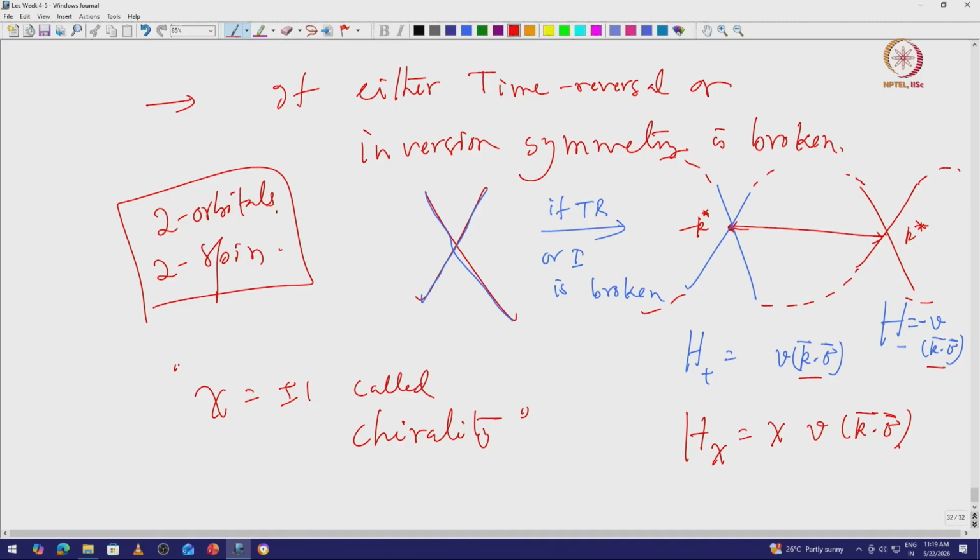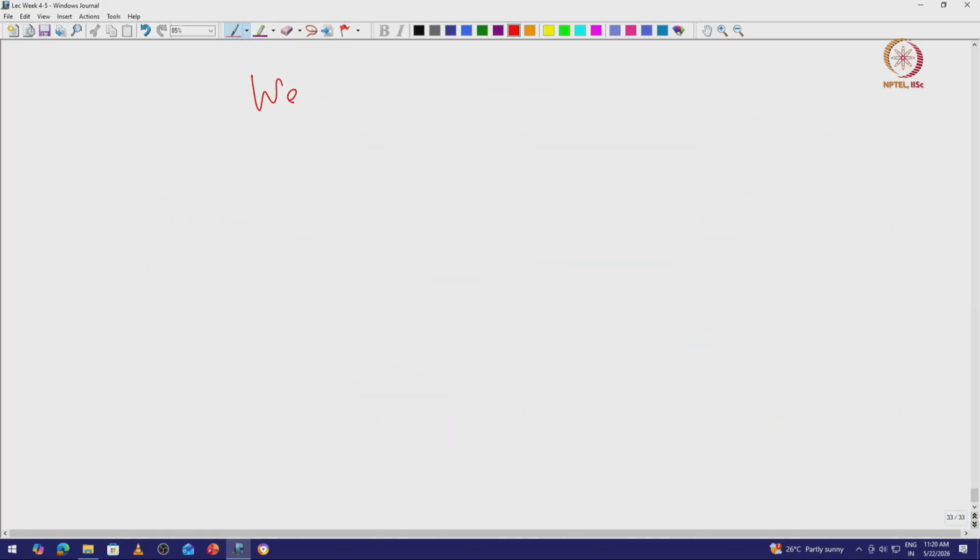So, these are called Weyl semi-metals. And there are also now a lot of materials.